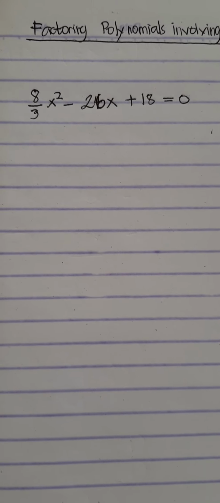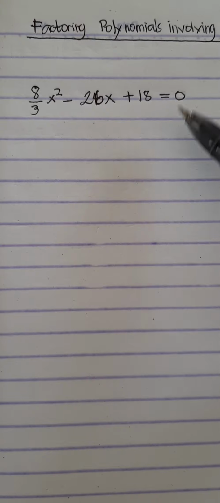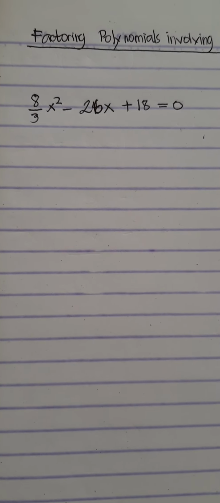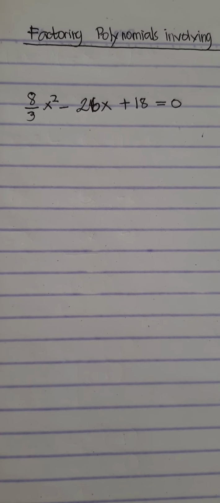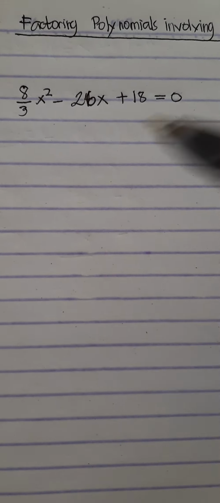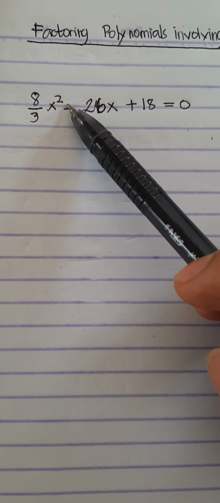So in my process, I usually do some imaginary tabular way of solving for the factors of this quadratic equation. If you have another way, you can make use of it, provided your process is justifiable and correct. So we'll try to do this first by identifying the possible factors of 8 over 3x squared.